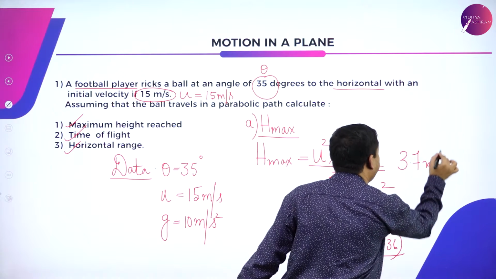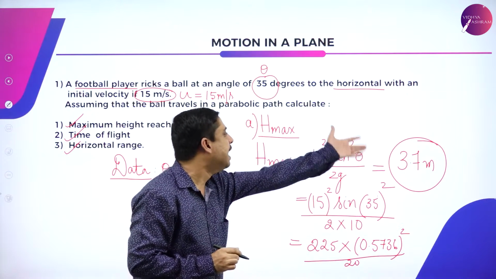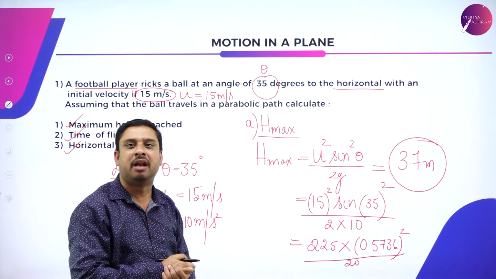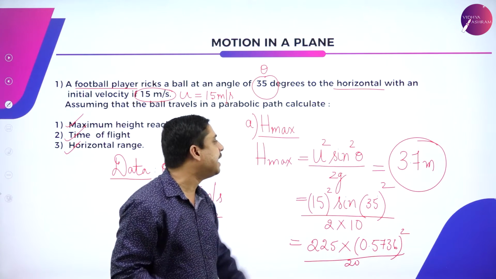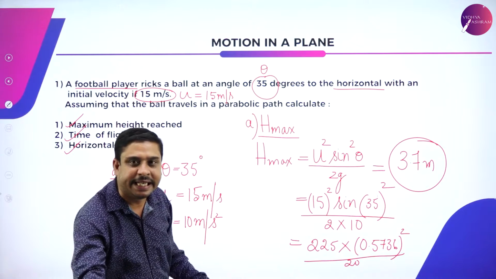So such a simple simplification. Just know the expression, the simplification is simple. So maximum height in this case is 3.7 meter.